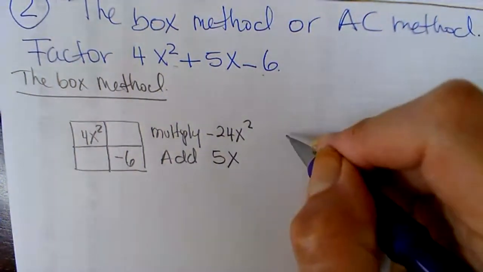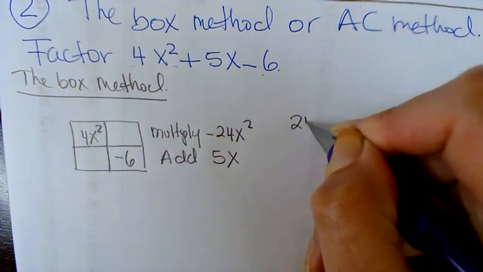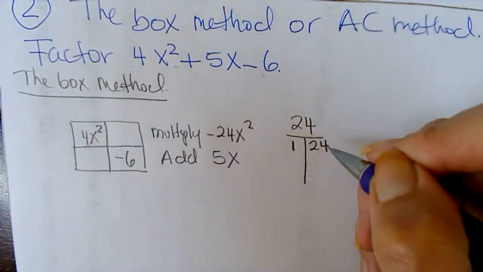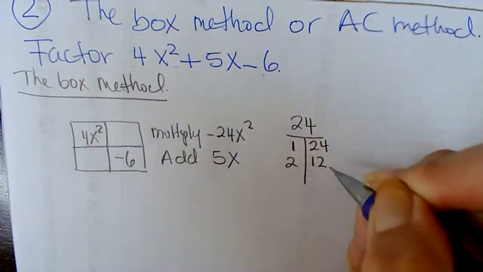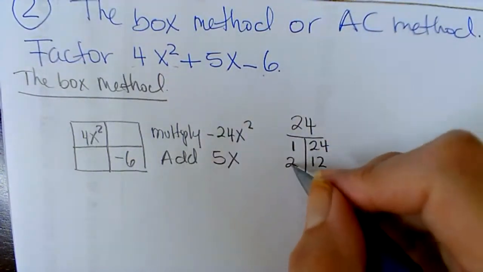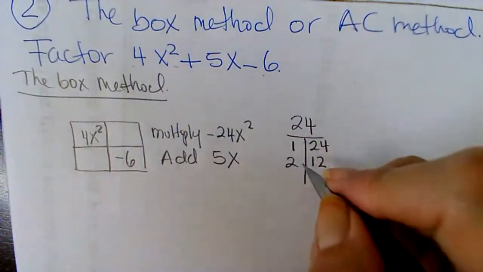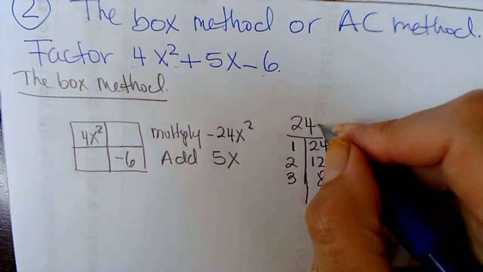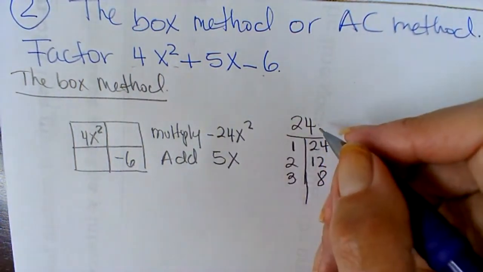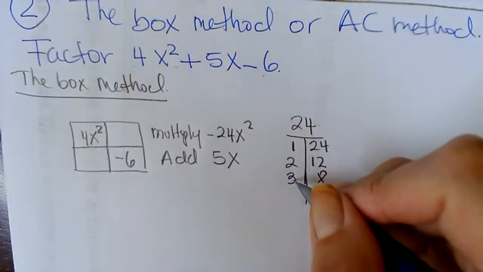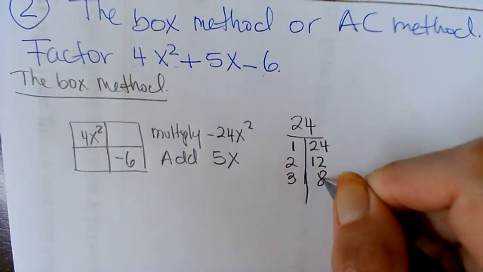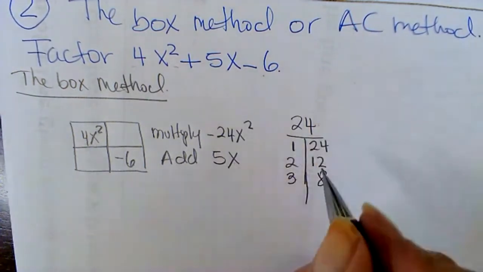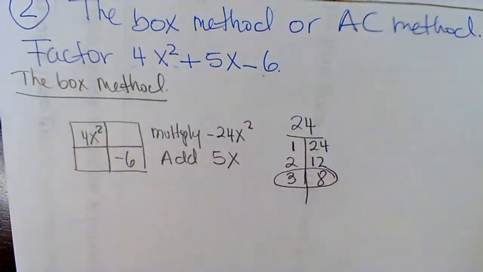So what do I do? Let's start with 24. 1 times 24 will give me 24. 2 times 12 will give me 24, but it's not going to give me 5. And 3 times 8 will give me 24. And 8 minus 3 is going to give me 5. So those are my two numbers.